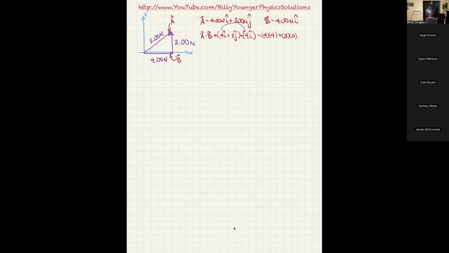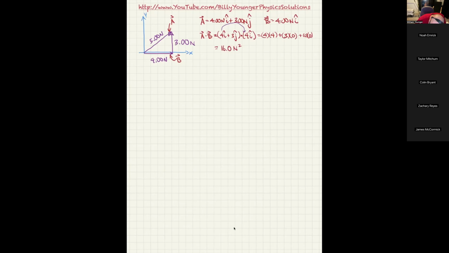And if A actually had a Z component, its component would be 0, and the same thing with B. So that's going to be 0. So I think you all can see that A dot B is in fact going to be 16.0. And obviously this would come out to be Newton squared. So that's what A dot B is.